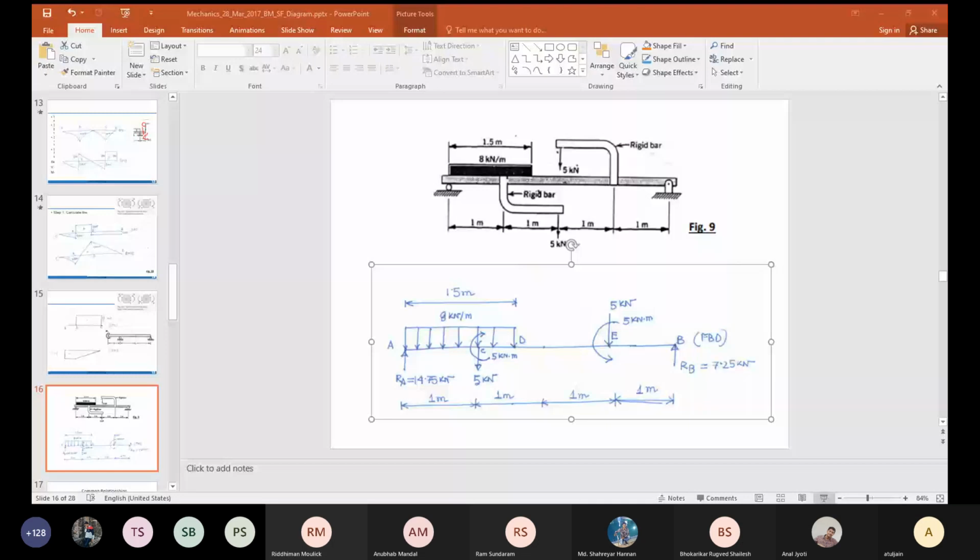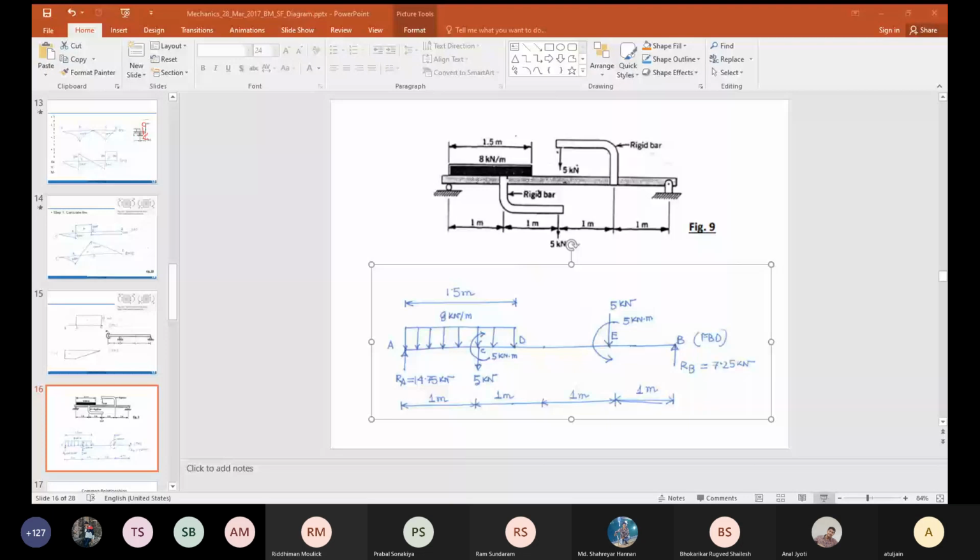Sir, due to the right side rigid bar, that 5 kilonewton force should be pulling upwards, or not? No, I think it is correct. It is an anti-clockwise bending moment. And sir, we are also applying a 5 kilonewton force. Yes, force you have to apply.